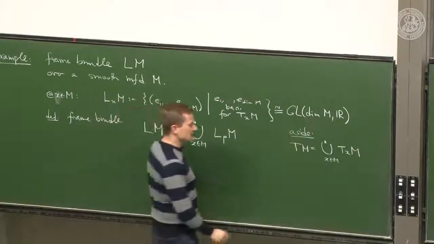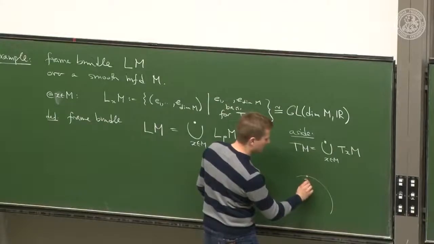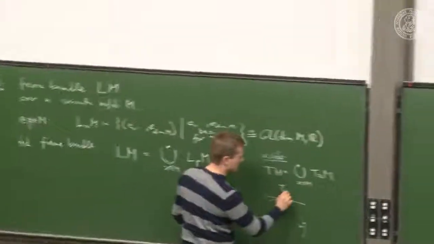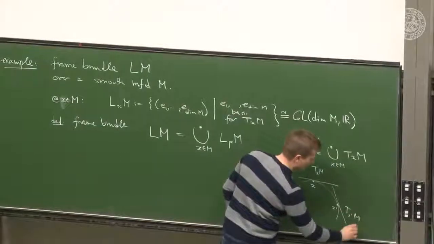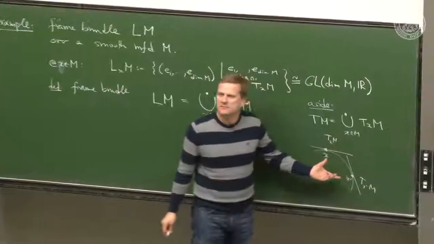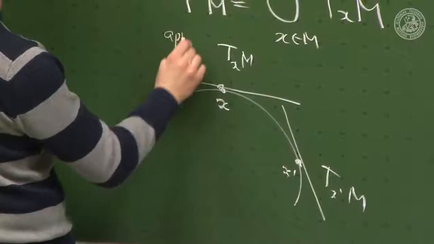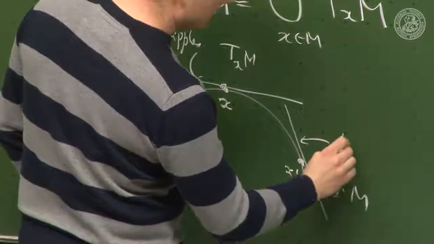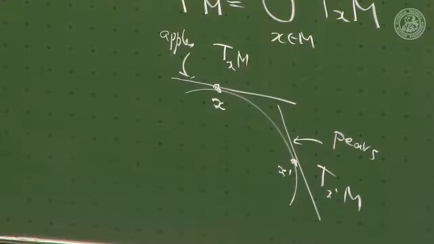And so that means you think for instance about part of the sphere. So you have the point x here, and you have the point x prime here, and there's the tangent space T_xM, and here's the tangent space T_x'M. Now, you can think, these are entirely different spaces, right? And so you can think of the guys in here being apples, and the guys in here being pears. So now I put all the apples and pears into one bag.